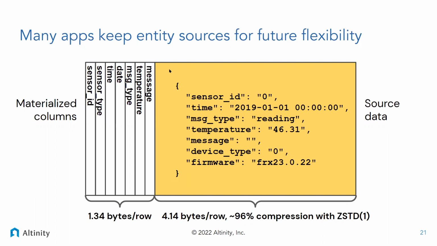And if you apply compression on it, you can squeeze most of the air out of it. In this particular case, this type of event you see right here compresses by about 96% in ZSTD. So you still pay the cost of the additional columns, but they're very small, as we just saw. But even storing the source data as unformatted is also relatively efficient.